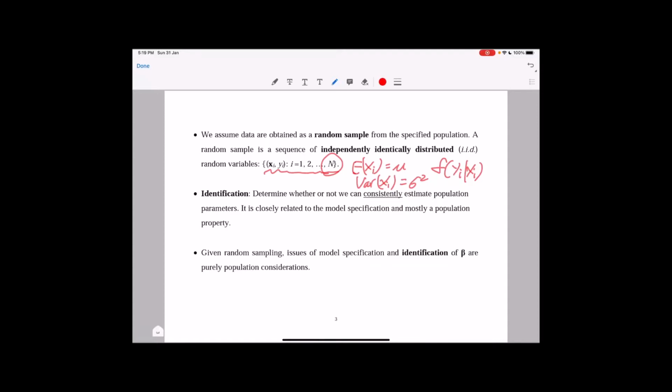The reason is that if we assume random sampling, then in terms of identification there's no need to distinguish the sample from the population. We will see this shortly. So, given random sampling, issues of model specification and identification are purely population considerations.